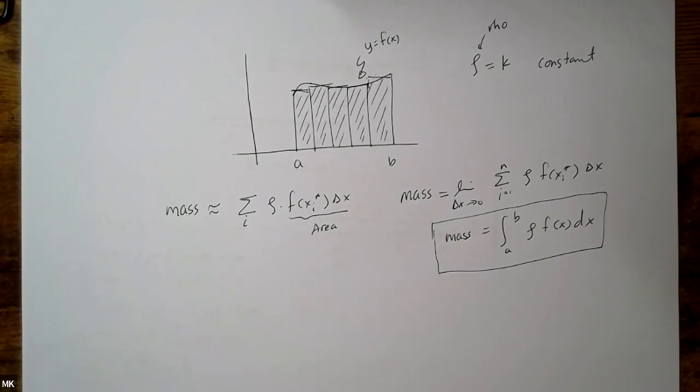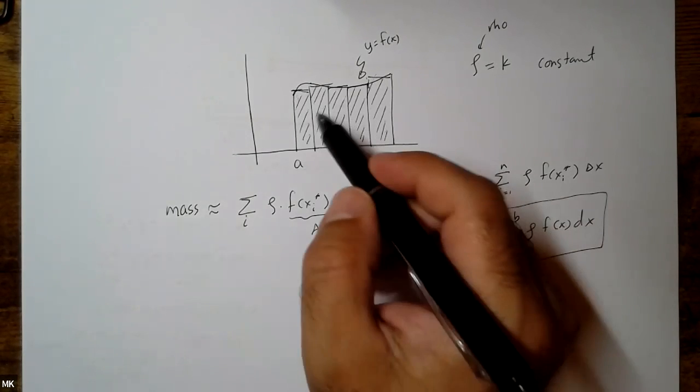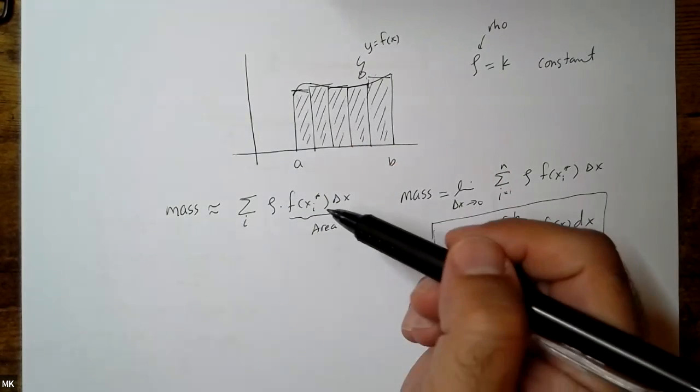Okay, very well. Now for moment, what I have to do is multiply mass by distance. The problem is, how am I going to figure out what the distance is and what the mass is for each of those?